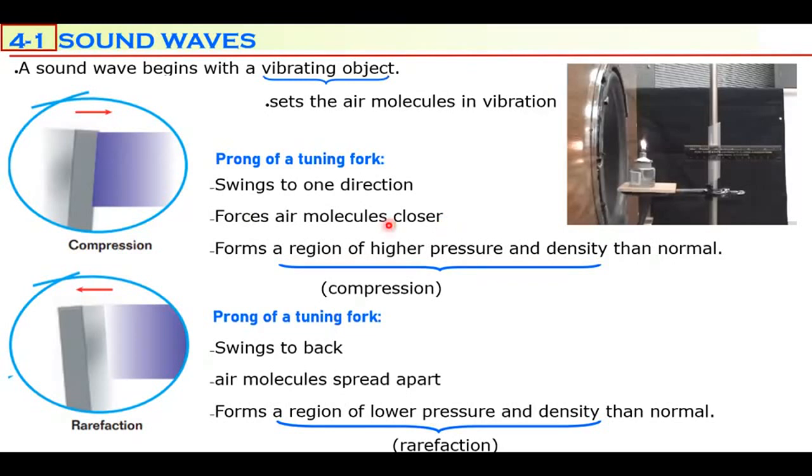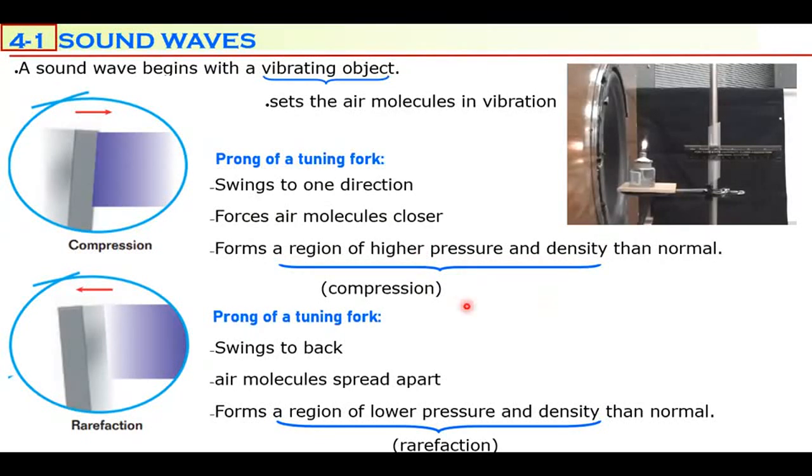When these air molecules come closer, they produce a region of higher pressure and density than normal atmospheric pressure. Remember, when you compress the molecules closer, that region is called compression.